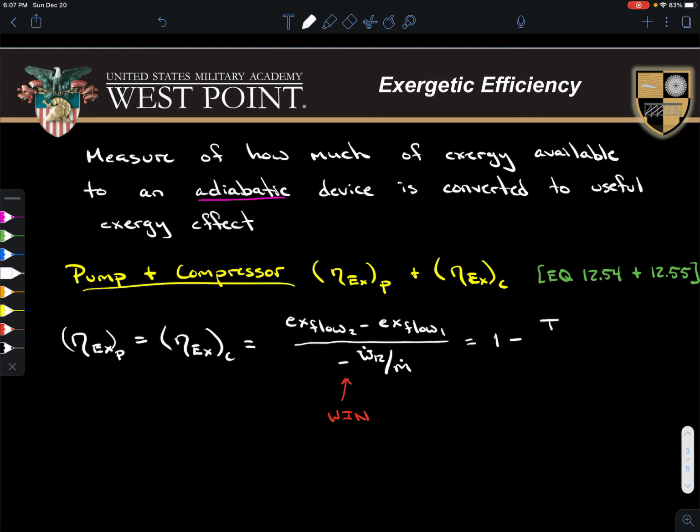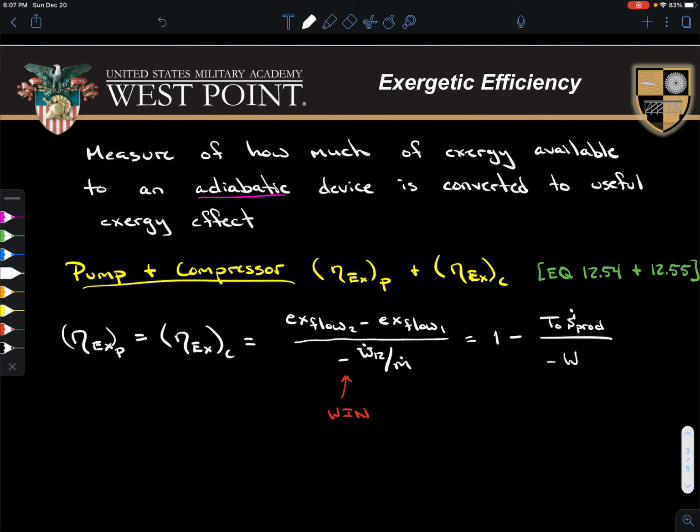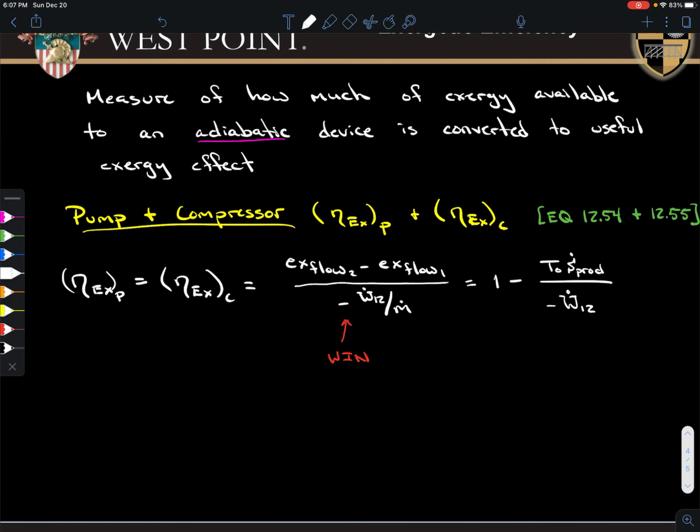And this whole thing can simplify to this statement of basically in the numerator is our exergy destruction divided by our work actual that's required for that pump or the compressor.